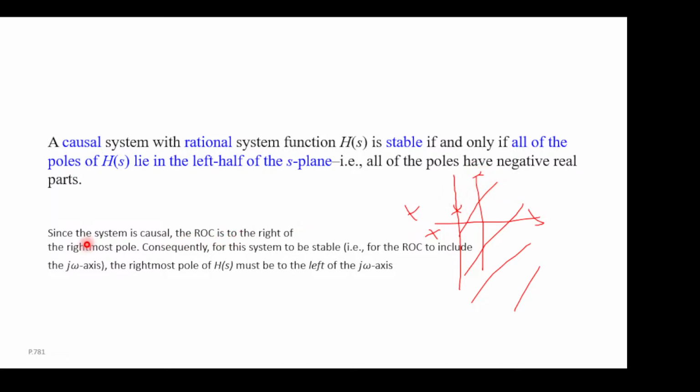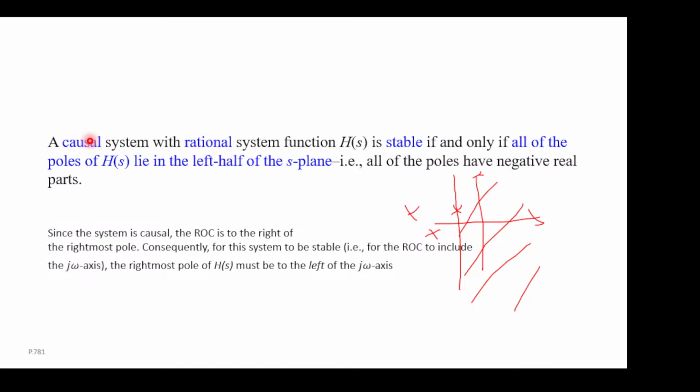Here, just by logical derivation, we find out that if our causal rational system is also stable, let's see, do we need rational here? I think so, but anyway, let's think about that later.